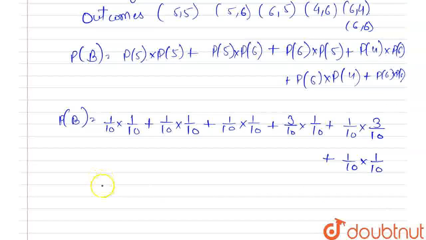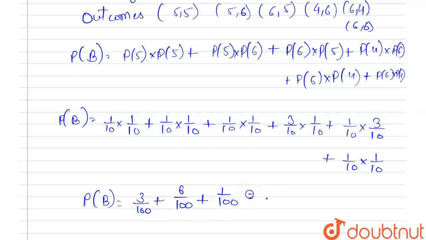Now after simplifying, probability of B equals 1 by 100 plus 2 by 100 plus 6 by 100 plus 1 by 100.